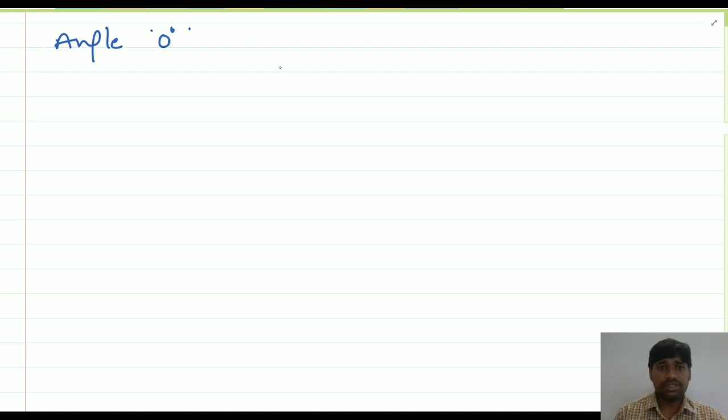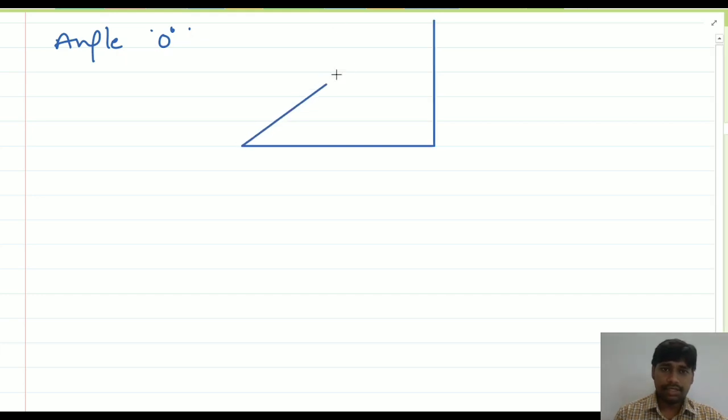So how is it? If you see, this is the base. I could draw the height of the triangle, this is the height. Then the third side, hypotenuse, I will draw like this.